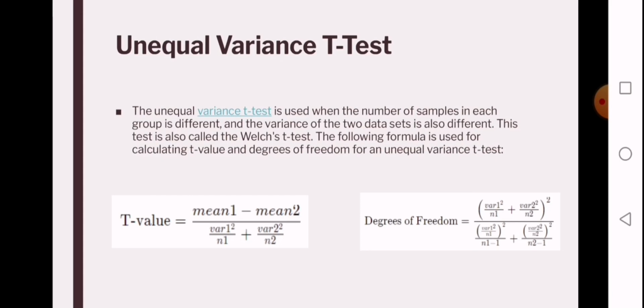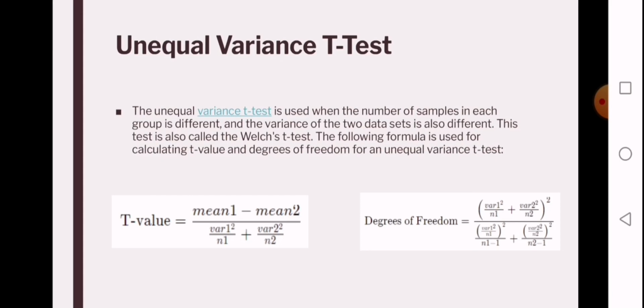The t-value is equal to mean 1 minus mean 2 over the square root of var1 squared over n1 plus var2 squared over n2, where mean 1 and mean 2 are the average values of each of the sample sets, var1 and var2 are the variance of each of the sample sets, and n1 and n2 are the number of records in each sample set.